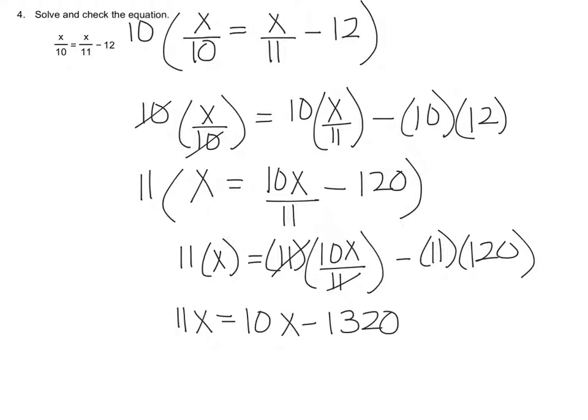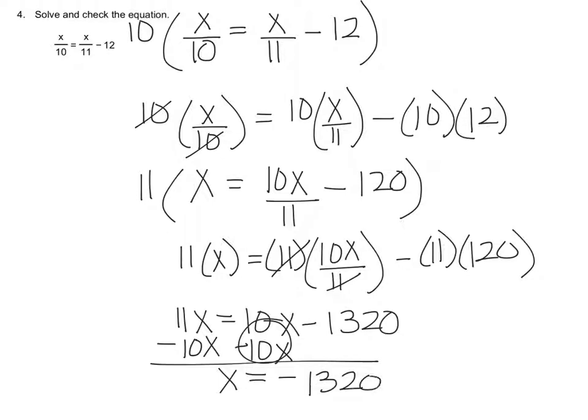Lastly, I can subtract the 10x on both sides, and I'm left with 11x minus 10x, which is x equals negative 1,320. So that's my answer and my solution set.